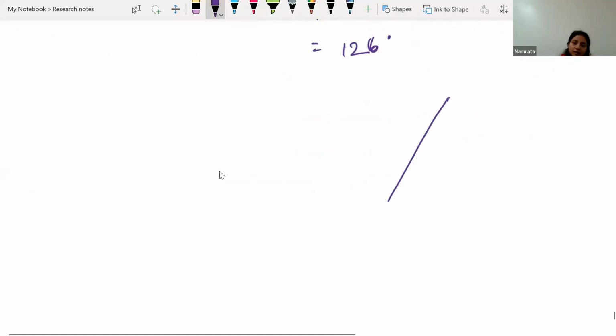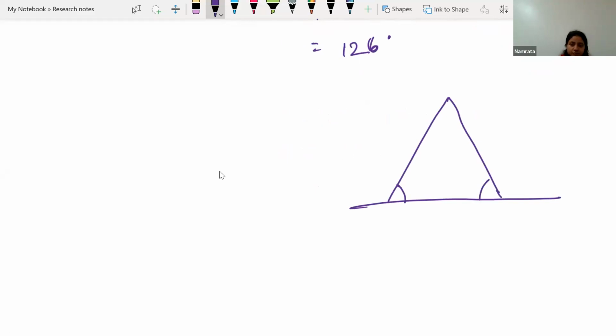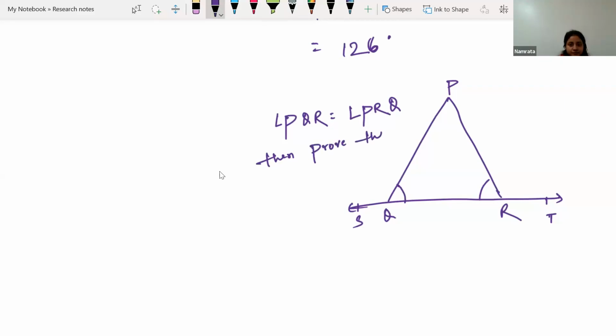If we are having a triangle like this, angle PQR is equal to angle PRQ, then prove that angle PQS is equal to angle PRT.